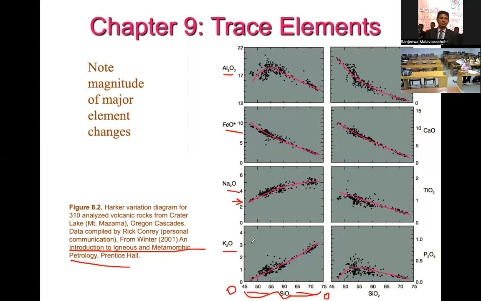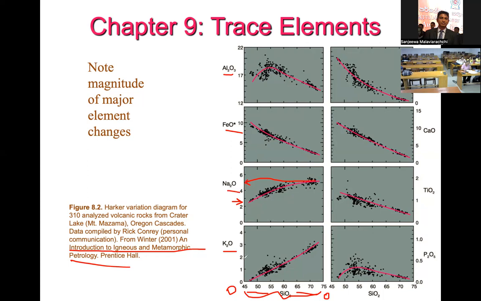But still you can see the lowest end is like 2.5 weight percent sodium in this case. Forget about silica variation now. Let's see how other elements with respect to silica have changed. Here it's like 5%, so only 2.5 to 5%, a very small range.